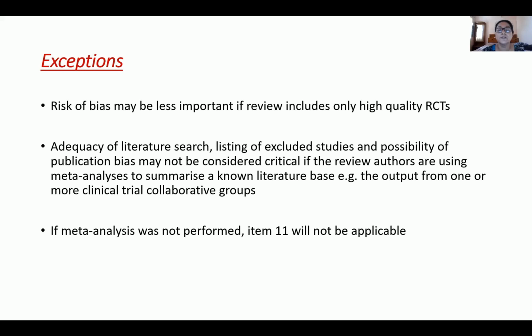Such as the risk of bias, this becomes a less important domain if the review includes only high quality RCTs. So then the question of risk of bias becomes less important. The adequacy of literature search, listing of excluded studies, and possibility of publication bias may not be considered critical if the review authors included the meta-analysis to summarize a known literature base.